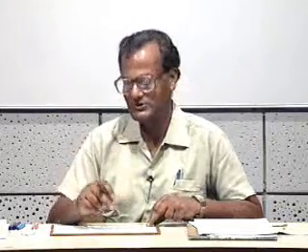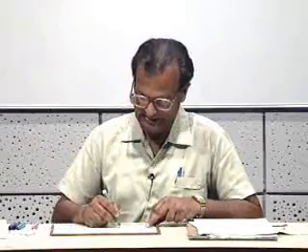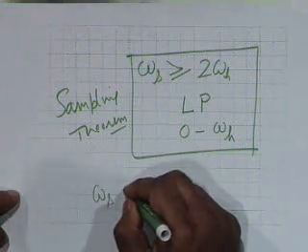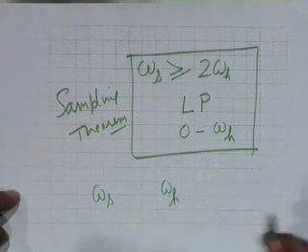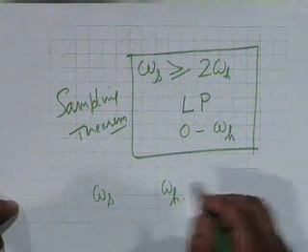For band pass signals, the sampling theorem is not the same as this. We have taken one example to show that in a band pass signal, omega s can be as low as omega h, the highest frequency content. Alright, it can be as low.